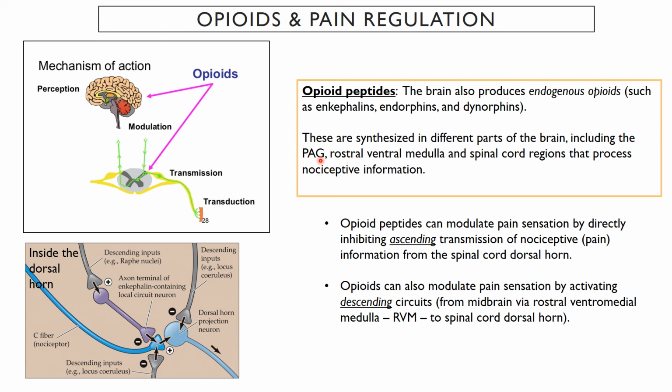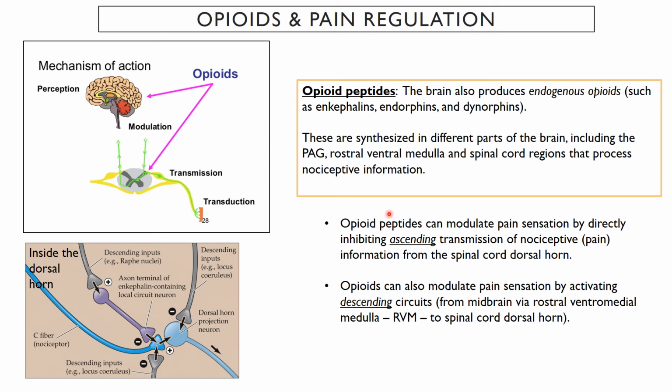The periaqueductal gray also synthesizes its own opiates, as well as other brain areas. And virtually all of these areas of the brain that have this opioid regulation are areas that are involved in nociceptive information. It's not the only thing that they do, but that includes a lot of the main pathways involved in processing, sensing, and regulating nociceptive information.